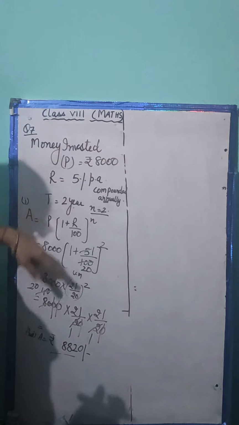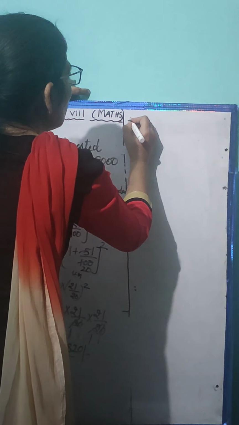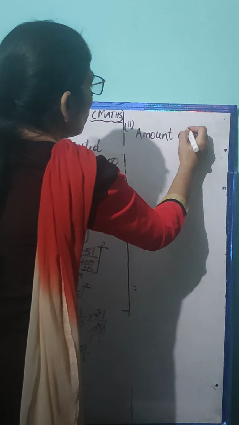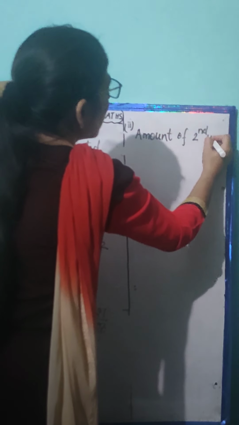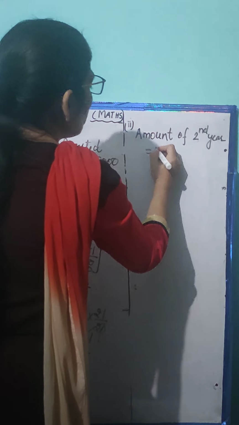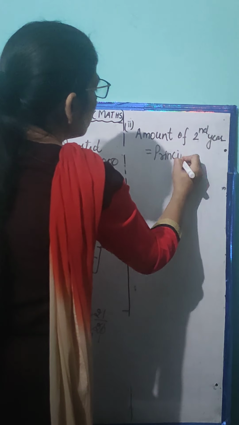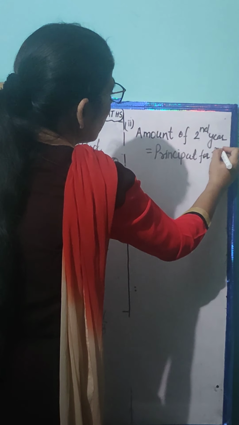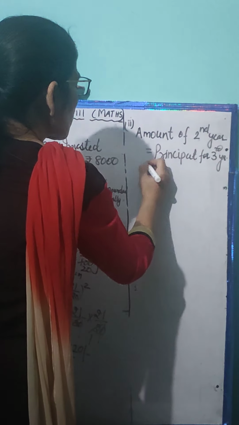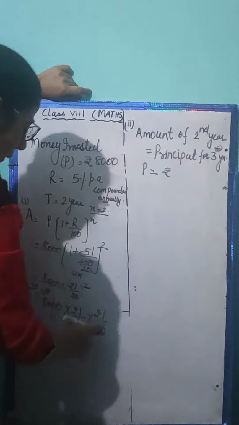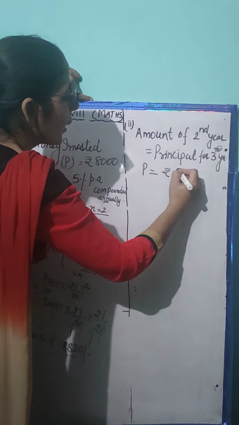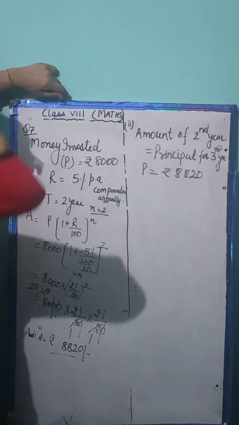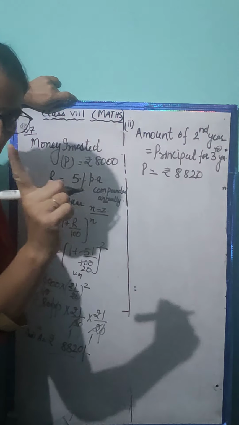But the simpler process is amount of second year is equal to principal for third year. So principal is equal to rupees, what we have got here, rupees 8820, and I have to find the interest only of 1 year. Third year only means 1 year, na?